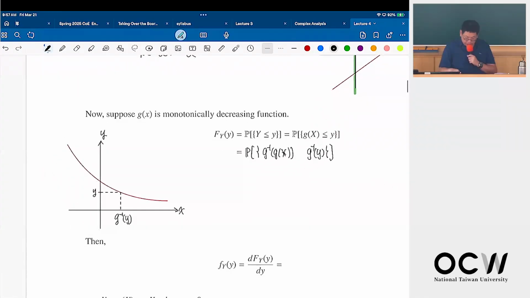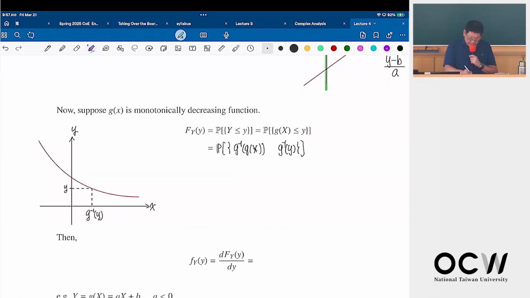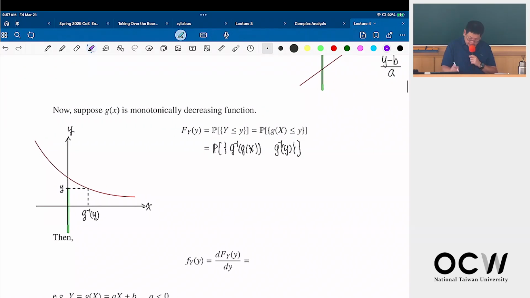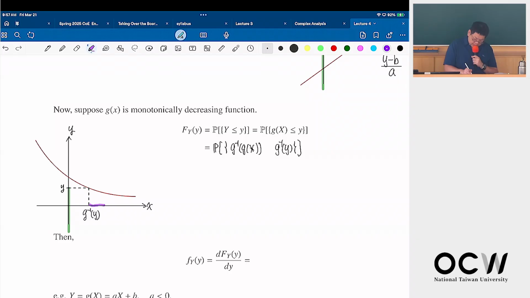Your g of x is less than y. Now it's this part. Okay, so for this part, my x is here, right? So I would need to change the sign. This is greater than or equal to g inverse of y.